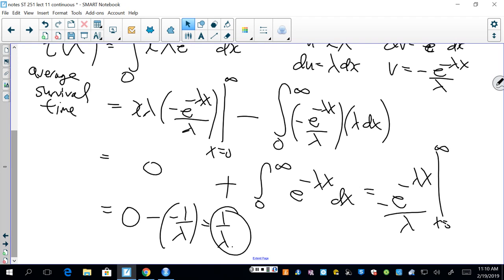So if you had a different distribution, a different process, and you're waiting someplace and the bus takes 5 minutes on average, the parameter would be 1 over 5. On the other hand, if it takes 10 minutes on average, the parameter would be 1 over 10, and it would change the probability. So that's the average value.